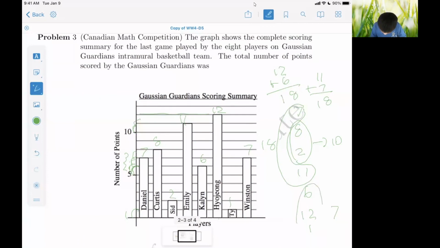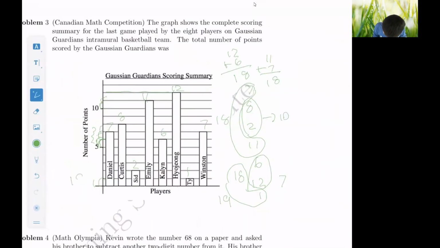So this is also 18. 18 plus 1 is 19. So this would be 19. At the end, we need to add together 18, 19, 10, and 7. Okay, so we need to add these numbers together.